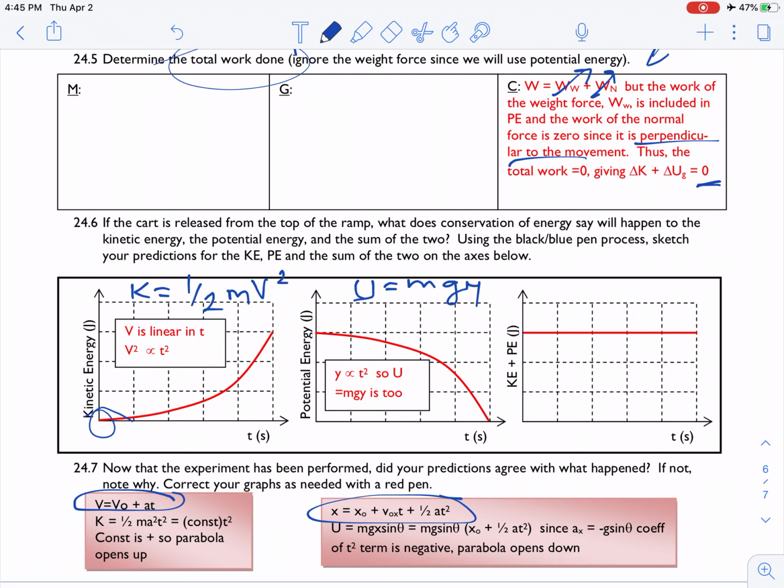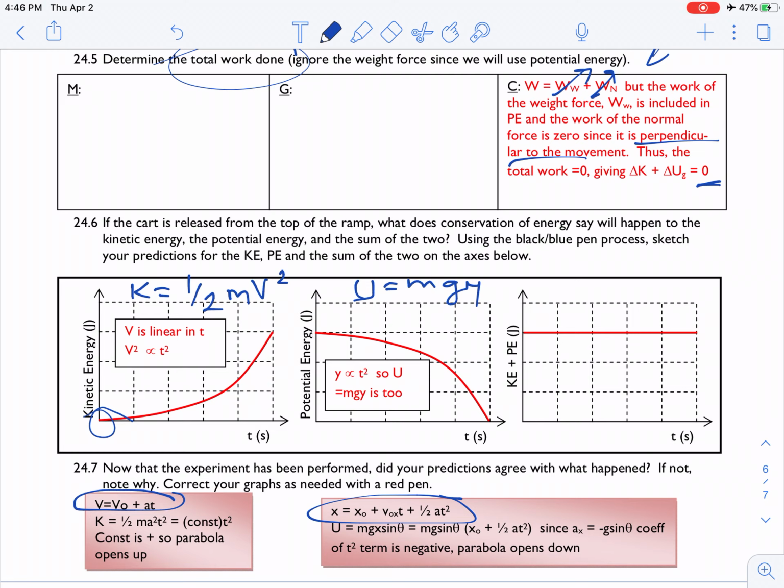That means you're going to get a quadratic equation for kinetic energy. And kinetic energy is increasing because velocity is increasing. And here you see that potential is linearly proportional to y position. We have this position equation for x, and it's also true for y. Y is proportional to time in a quadratic form.